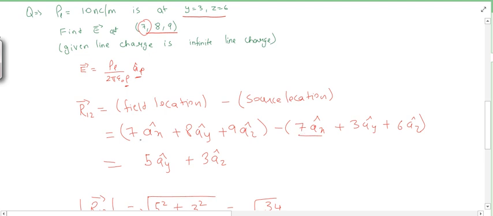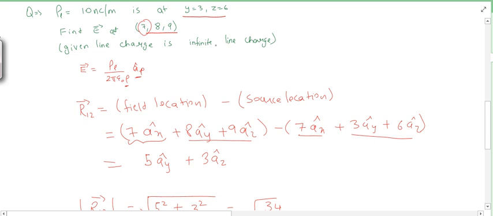So if you want, you can exclude this and not take this value at all, it will still work. You can directly take these values, because we will be finding the perpendicular distance, and this value we have to take the same. So this will be independent of the x coordinate of the field point.